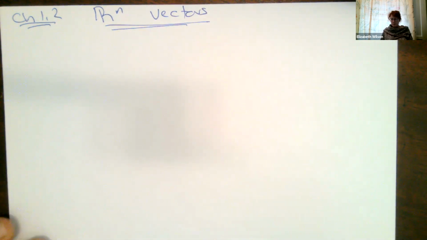So in 1.2, we're going to get into the meat of things. Chapter 1.2 is about n-dimensional space, all real numbers. We're going to talk about vectors. For the rest of chapter 1, we're going to go into a lot of detail about vectors.